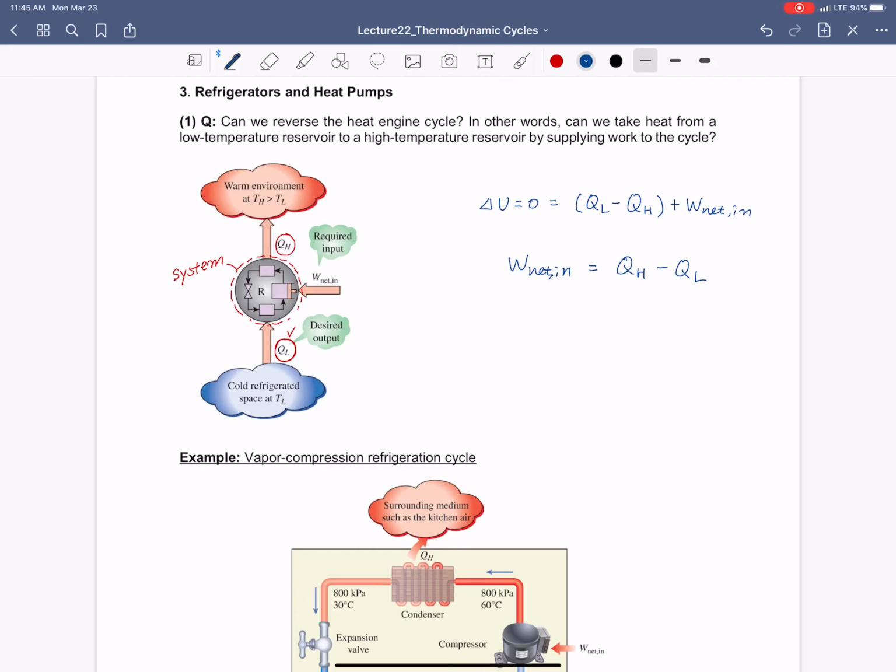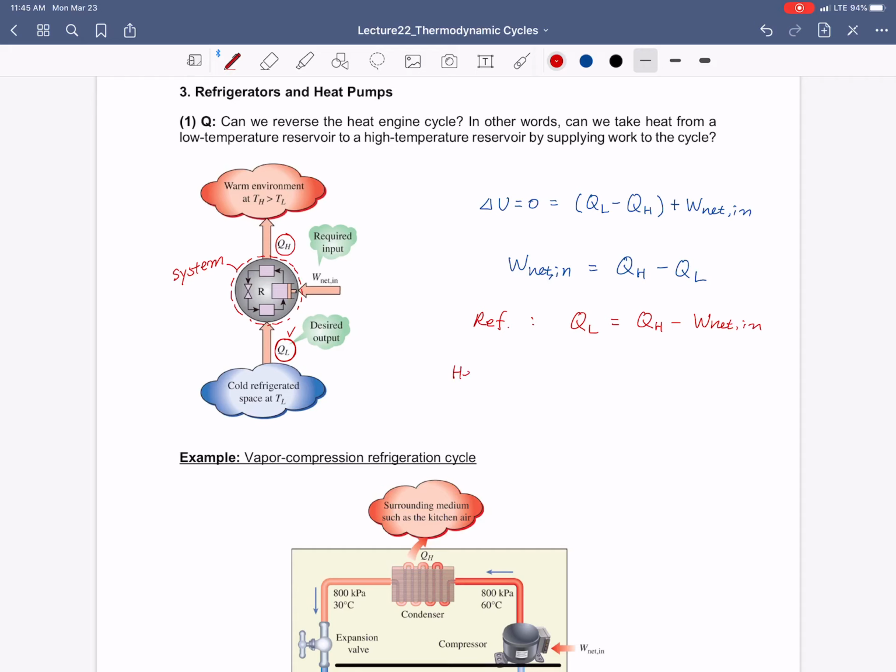So if this cycle is used for refrigeration, then QL should be your desired output. So for a refrigerator, your desired output QL can be written as QH minus W net in.